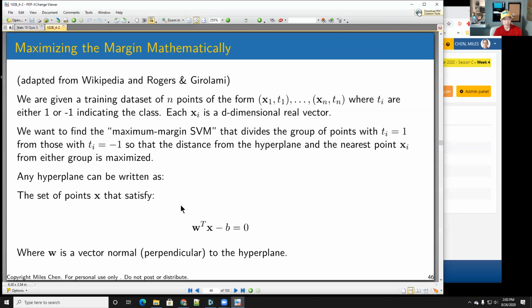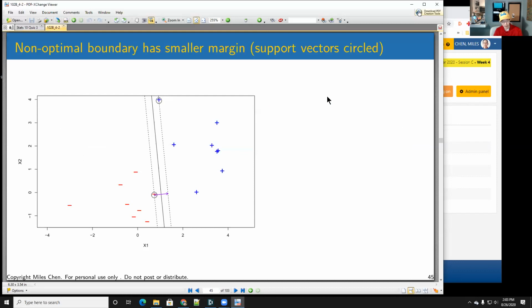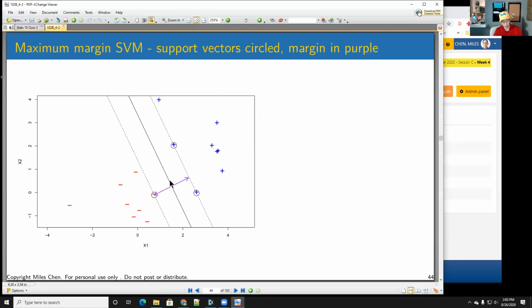The idea is we're given n data points in the form of x comma t. So x sub 1 through x sub n, each is a point that exists in d dimensions, in our case 2 dimensions. So xn represents our coordinate in 2 dimensions, and t represents the class, either a plus or a minus.